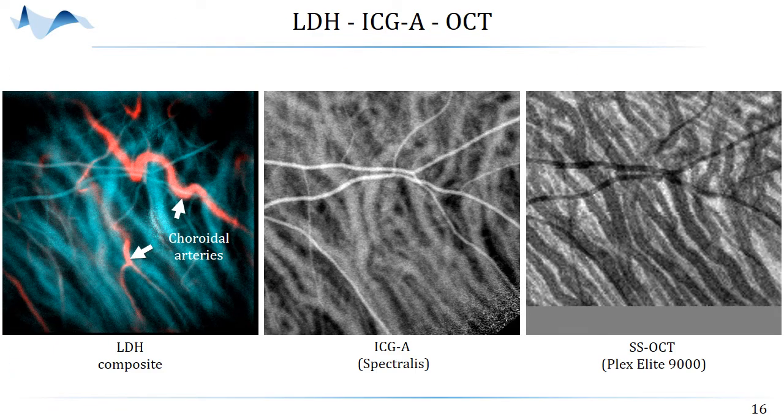And this is the comparison also with swept source OCT, and this time again it's not very trivial to say what vessels you can see on LDH and those you can or cannot see with swept source OCT, but the thing is that adding this functional contrast of flow velocity, blue, cyan is the low velocity and red the high velocities, it brings something very nice to the contrast of images.